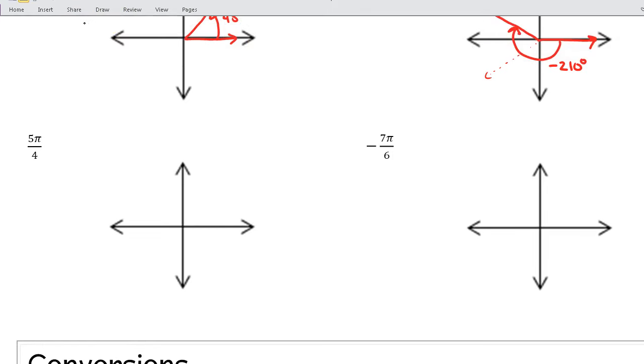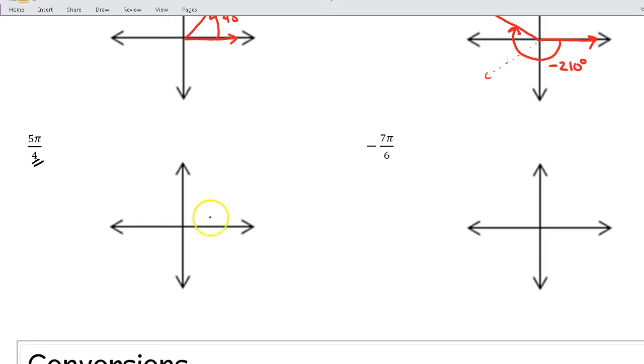So whenever I have radians, sometimes what I like to do is mark my quadrant angles. So my quadrant angles are here at 0, 90, 180, 270, and then back to 360 if I'm going all the way around. But I'm going to mark them in terms of the denominator of my radian fraction. So in this case, I have fourths.